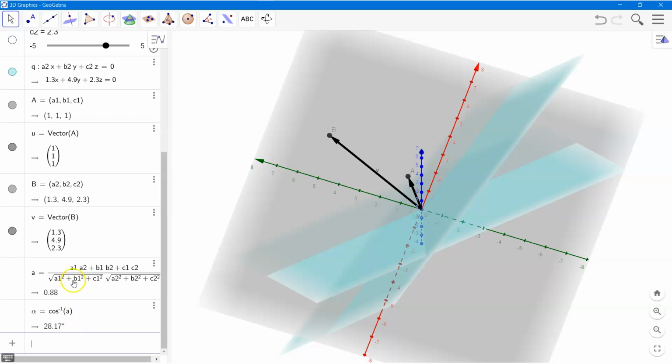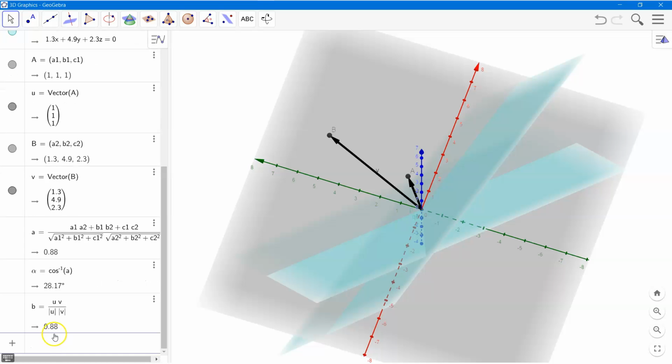Clear? Or what we could do is, we could use another formula also. We can use U times V, vector A times vector B, divided by the product of the magnitudes, so times product of V. This also gives me the cosine.